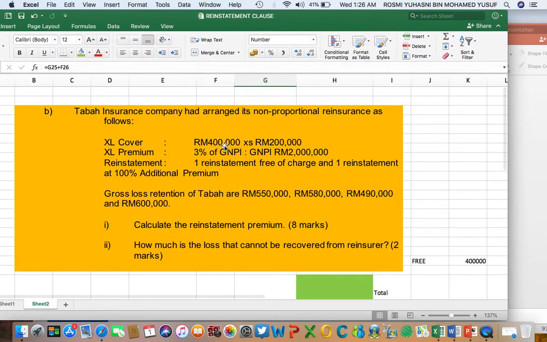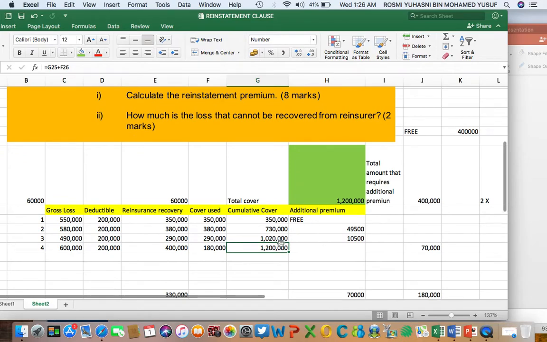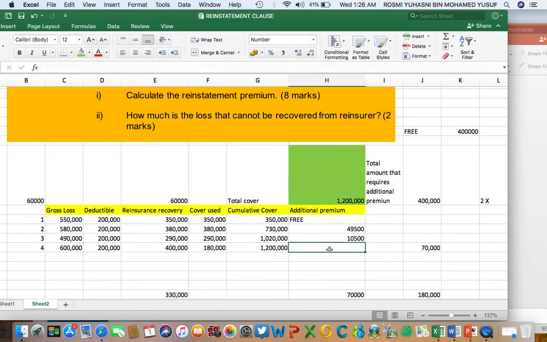Original cover 400 plus 2 reinstatements, 400 plus 400 plus 400, that's going to be 1.2 million. So over here, there is no more additional premium, because the cover has finished. There is no more requirement to pay additional premium after loss number 4.